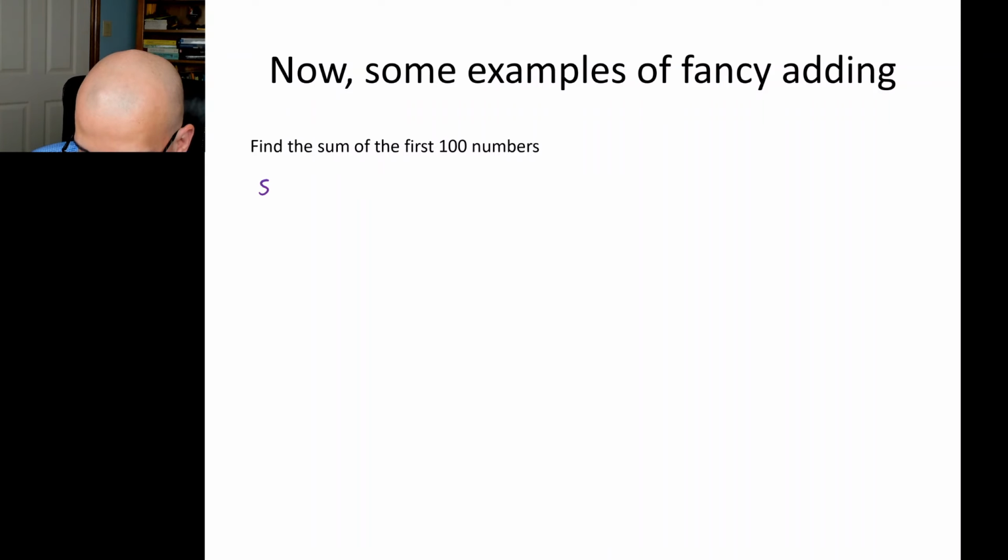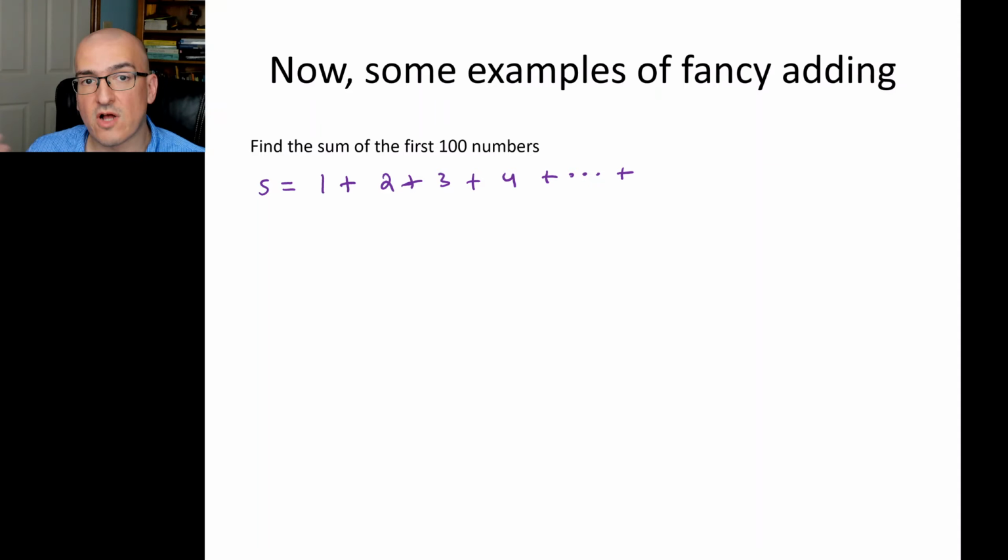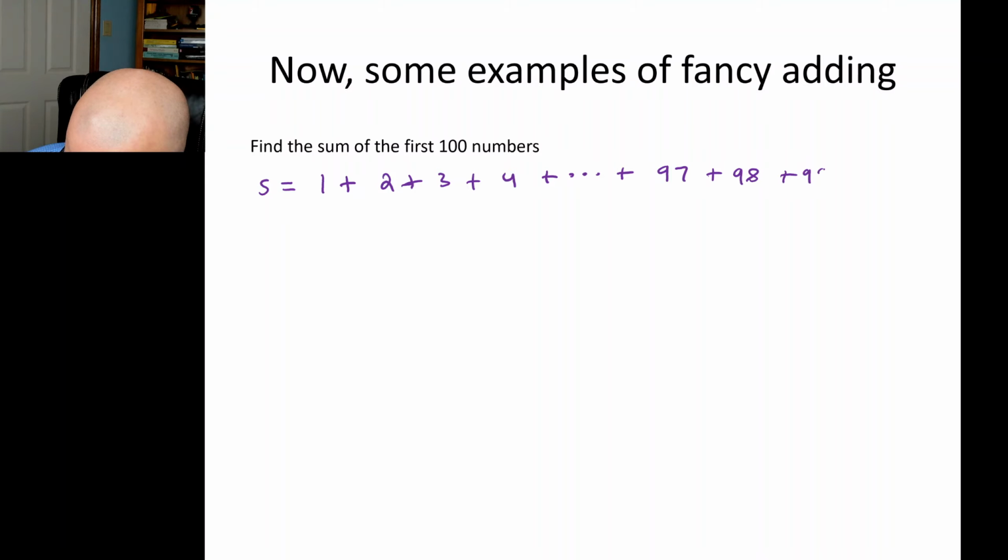I'm going to call that sum S. 1 plus 2 plus 3 plus 4 plus dot dot dot plus. I'm putting the dot dot dot there because I don't want to have to write out all 100 numbers. I know I'm going to have a 97, a 98, a 99, I'm going to have 100.